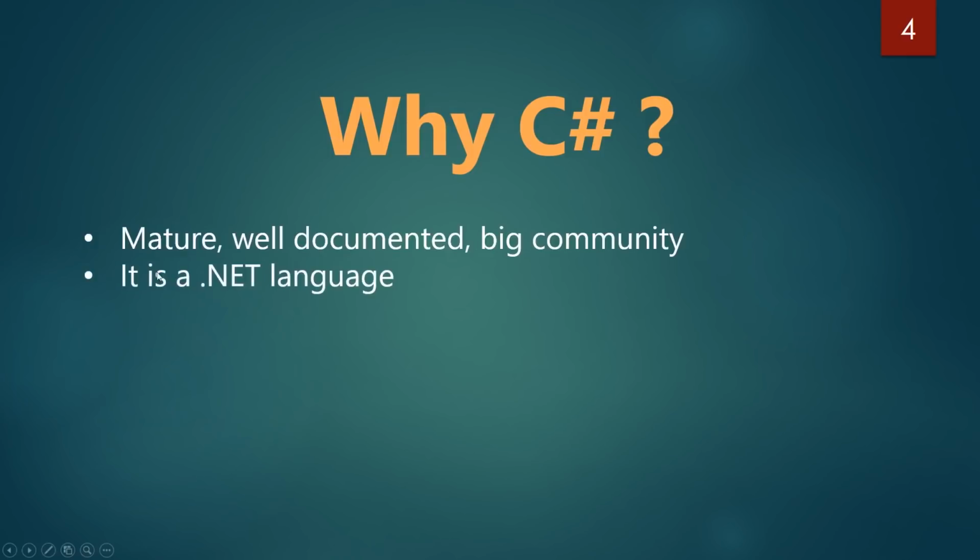Now it is a .NET language, which is a bit abstract to explain now. But .NET is an environment where much software runs, and C# is one of the languages used to write programs that run in this environment. And it's not just Grasshopper that complies with the .NET standard.